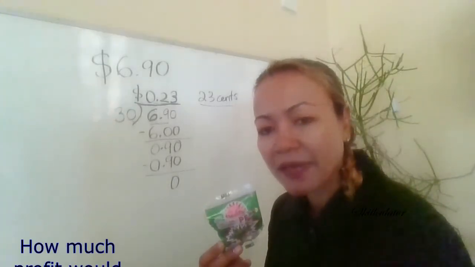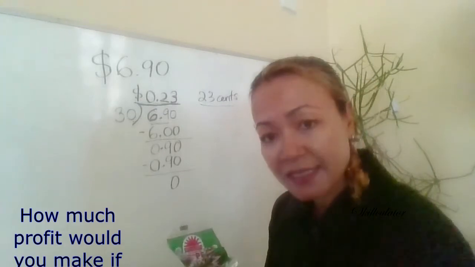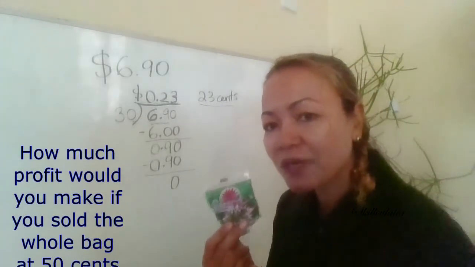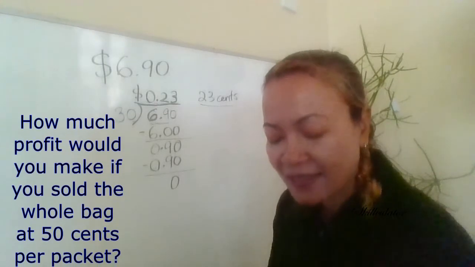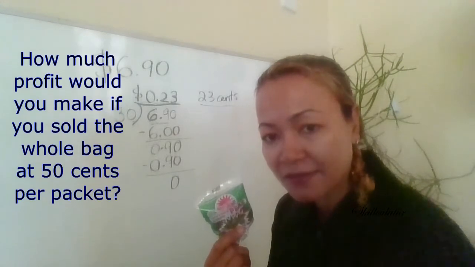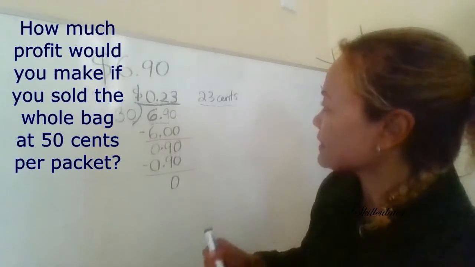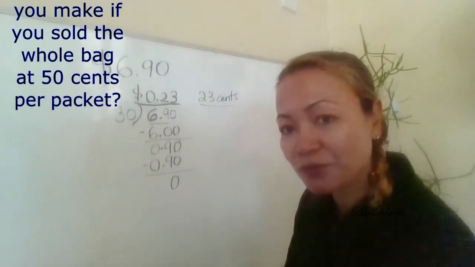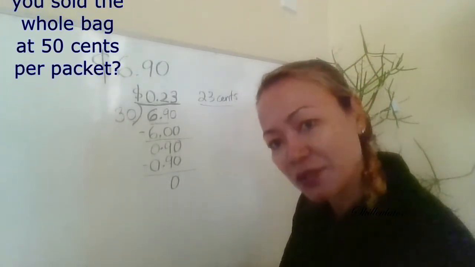If I sold this bag for 50 cents, right? So, firstly, how much would I get from a bag of 50 cents? Right. So my total revenue will be 50 cents per bag times 30 bags, right?